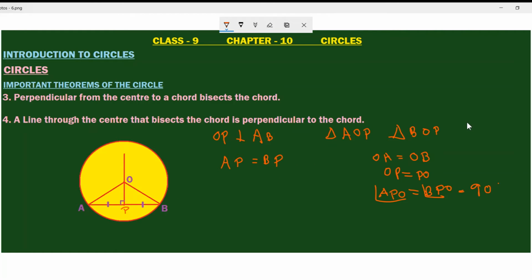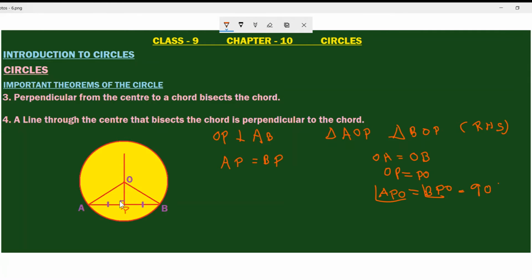So we can prove these two triangles are congruent by the RHS rule. In the RHS rule, what are the conditions? One angle should be 90 degrees, the hypotenuse should be the same, and one side should be the same.